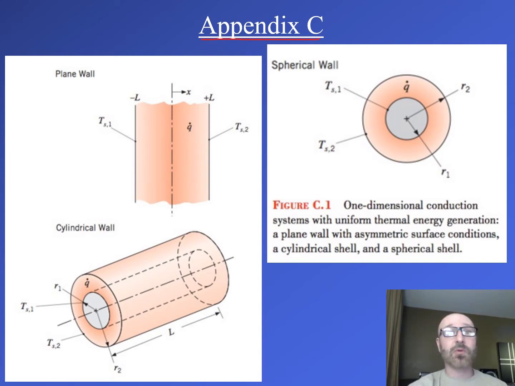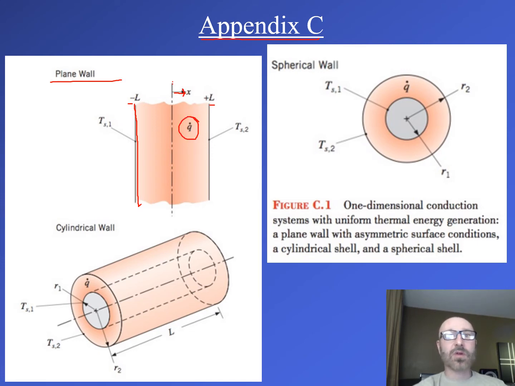If we take a look at the simple case, we usually like to start with the plane wall. It's easy to visualize, a simple case, a lot of times just 1D. There is my T sub s,1, the temperature at surface 1. There's my center line. Here's a negative L distance away and a positive L distance away, based upon x being positive going to the right. There's my q dot.